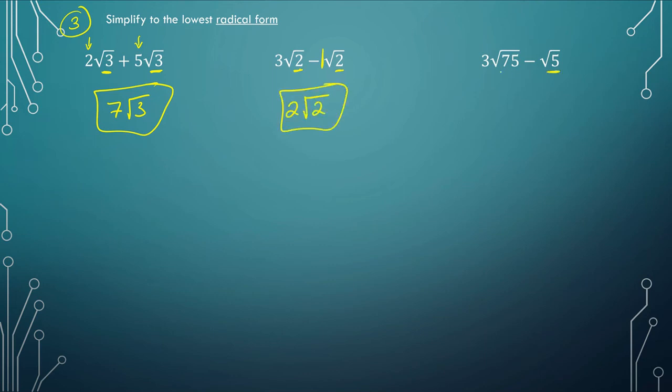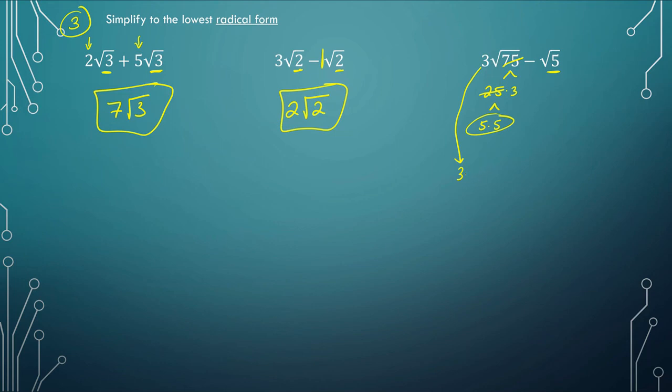So notice how this first one, initially, they have different square roots, so we cannot combine them or subtract them. But if we break this 75 down, we have 25 and 3, and then this breaks down to 5 and 5. That 5 comes out, and we already had a 3 there.